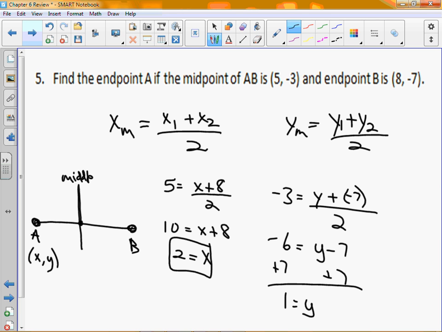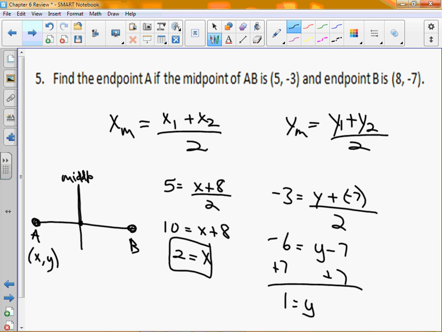Guys, I am expecting you to be conscientious. If you don't care whether or not you're getting them right or wrong, I can't help you there. Take what you think the answer is, subtract 7 from it, and divide it by 2. There isn't but one number in the whole wide world that'll give you negative 3. 1 plus negative 7 is negative 6. Negative 6 divided by 2 is negative 3.